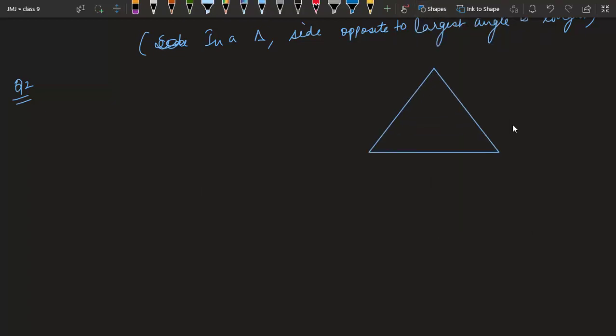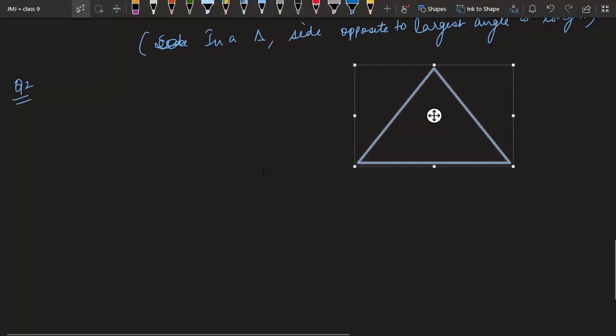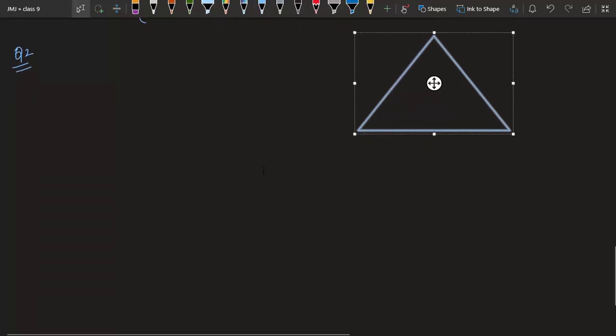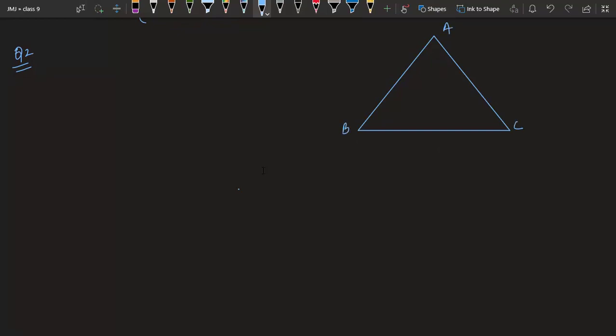So this is the figure. Triangle ABC, the sides AB and AC are extended like this, to points P and Q respectively.